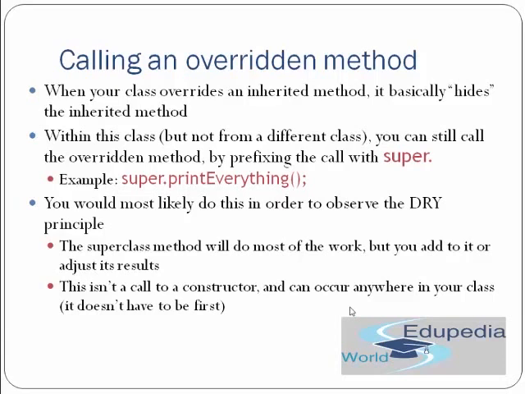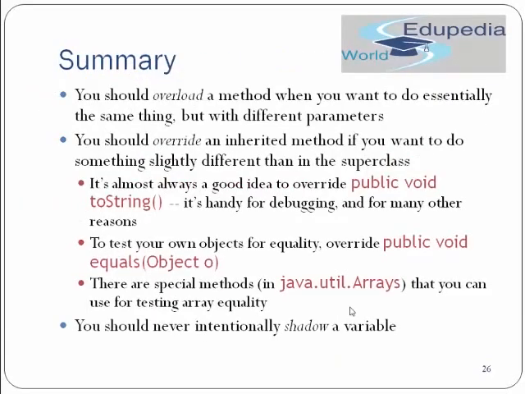The superclass method will do most of the work, but you add to it or adjust its result. This isn't a call to a constructor and can occur anywhere in your class, so it does not have to be the first call. You can even call it after writing 10 lines of code. So this was about calling an overridden method.